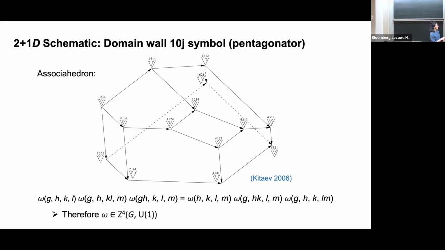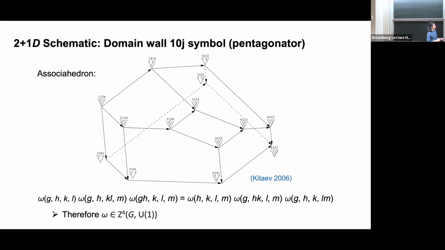Now, each path from this vertex to this vertex, for example this path here, corresponds to some space-time process in which we start with one domain wall configuration and end in the other. The basic idea is to consider two distinct paths. On one hand, we can consider this path here, and on the other hand, this path here.